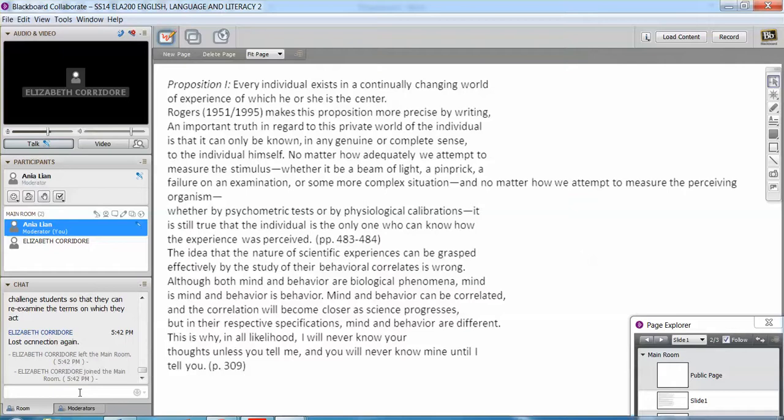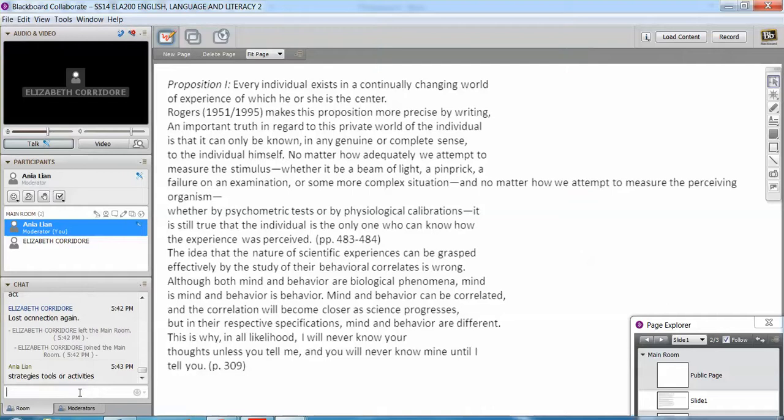And the same with pedagogy. The kind of tools we provide, tools or activities or strategies, we can talk about it in these terms. All of these are designed to challenge children's thinking about the context in which they are.